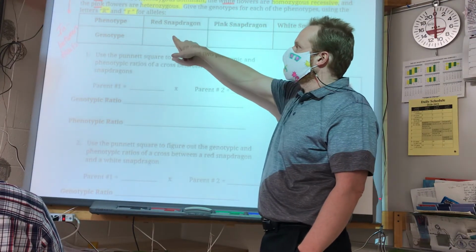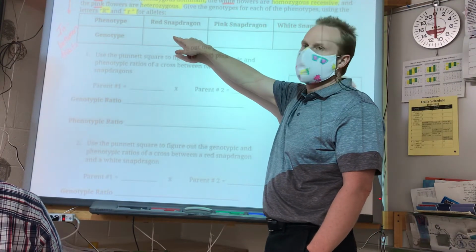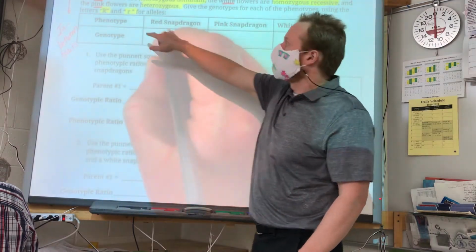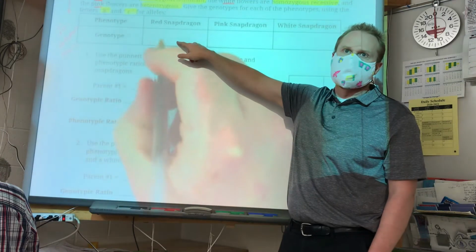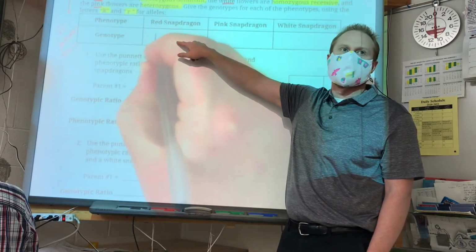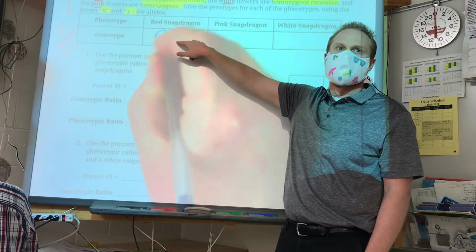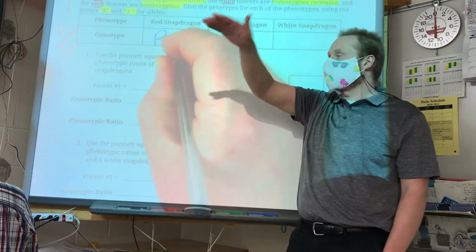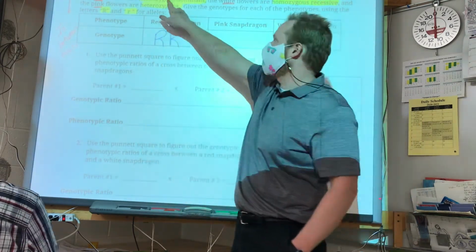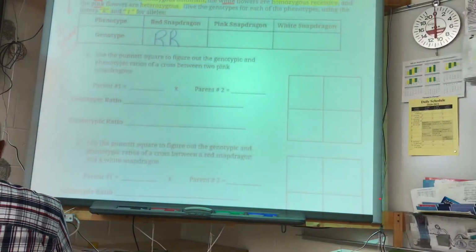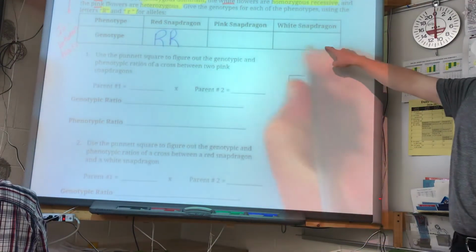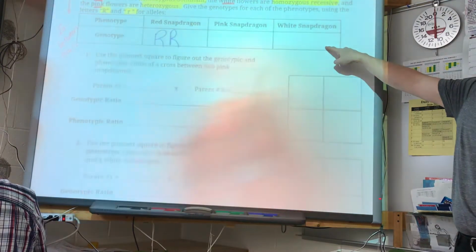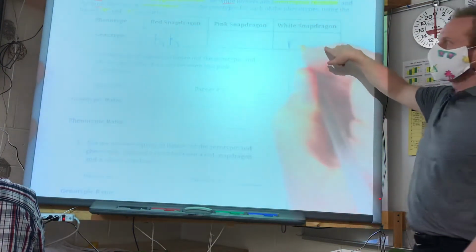The red flowers are homozygous dominant. So what's going to be the genotype for a red snapdragon then? Using R's. So homozygous dominant, big R, and what's the second letter? Big R and big R, right? Homozygous, same, homozygous dominant, big R, big R. White flowers are homozygous recessive, so what's this genotype going to be? Little r, little r.